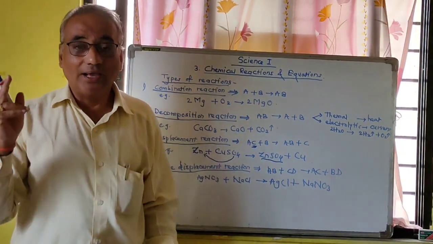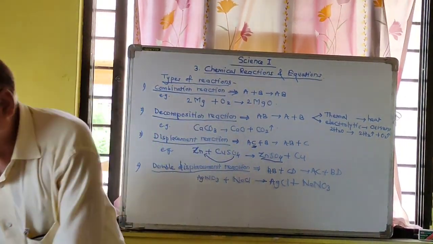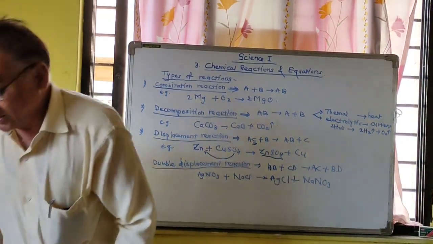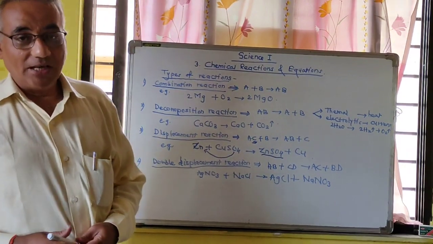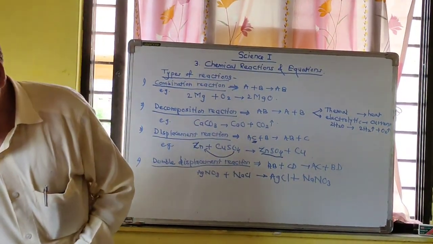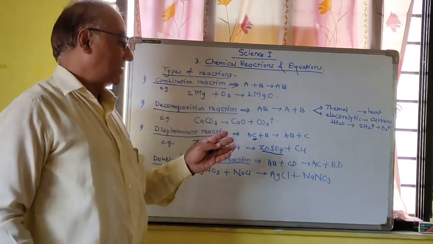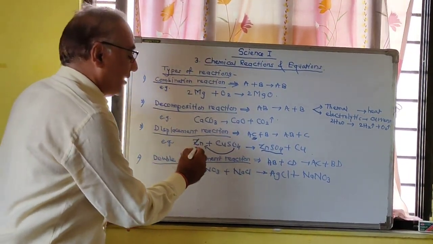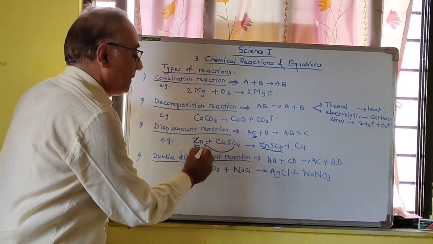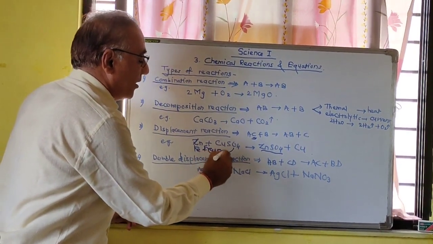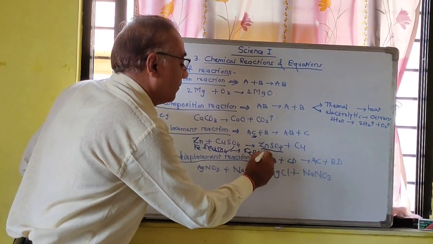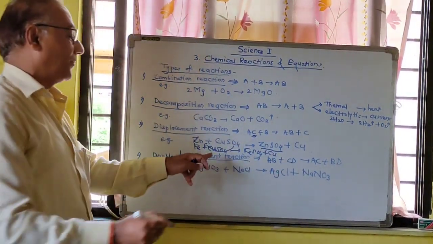A less reactive element, or you may call it an ion, is replaced by a more reactive element by formation of its own ion. Now instead of zinc, you can take the example of iron plus copper sulfate. We find that there is again formation of ferrous sulfate plus copper. The same thing happens here.